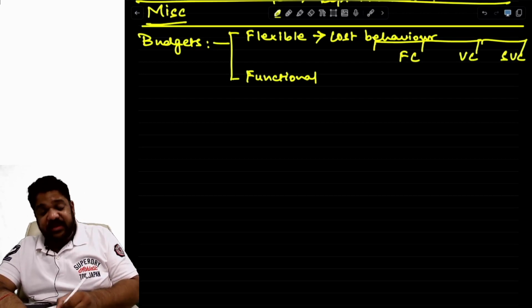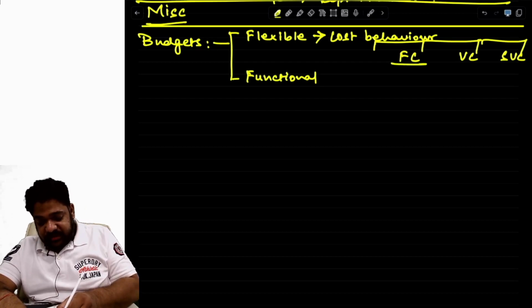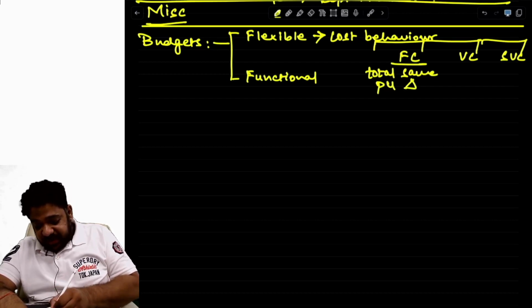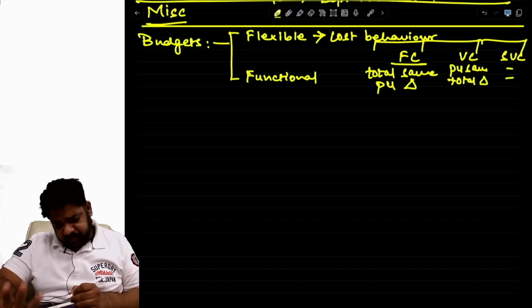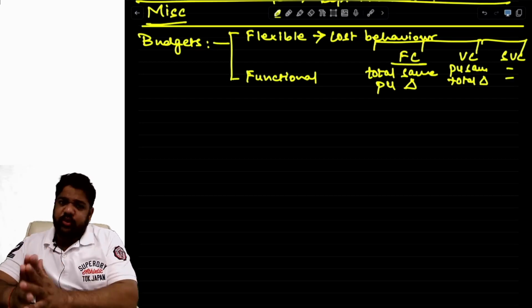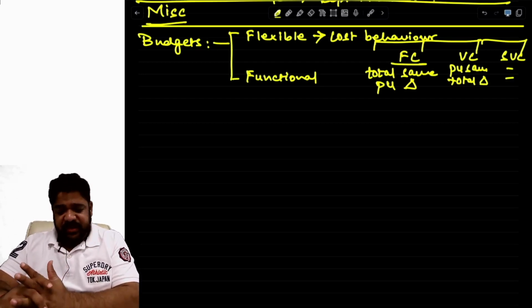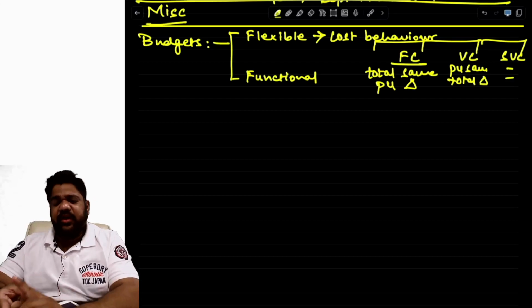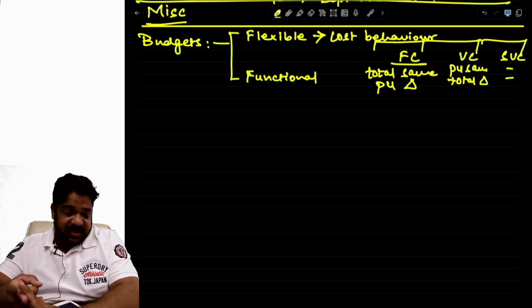Fixed cost will remain the same on a total basis, so the totality remains the same, but the per unit keeps on changing. Variable cost, the per unit remains the same and the total changes. And semi-variable is the same on neither. The only thing that you have to do under a flexible budget is to figure out the cost behavior, whether a cost is fixed cost, variable cost, or semi-variable cost.